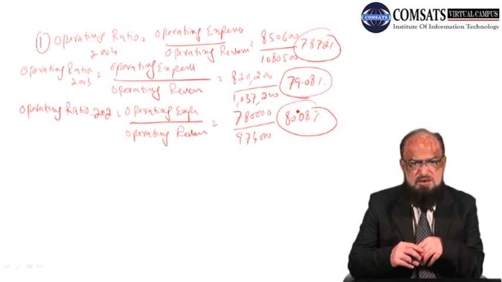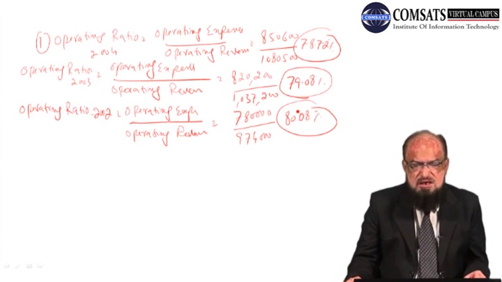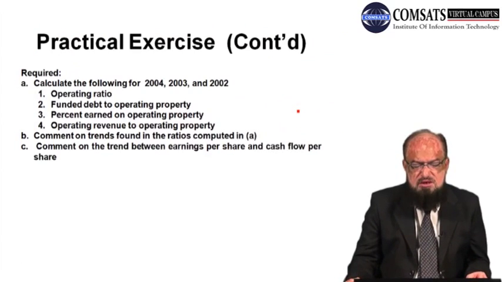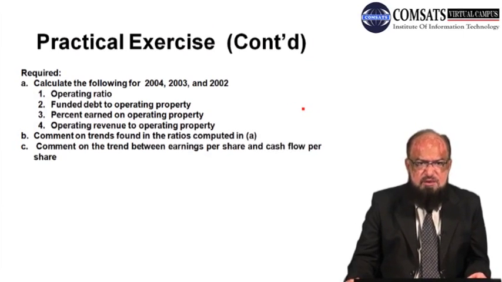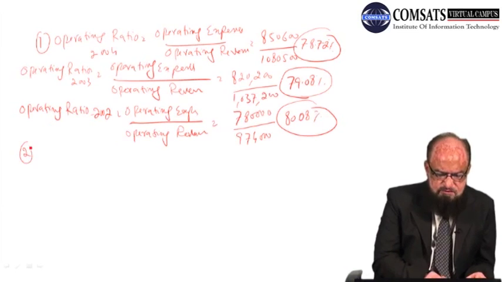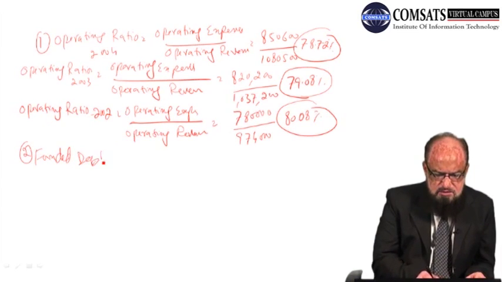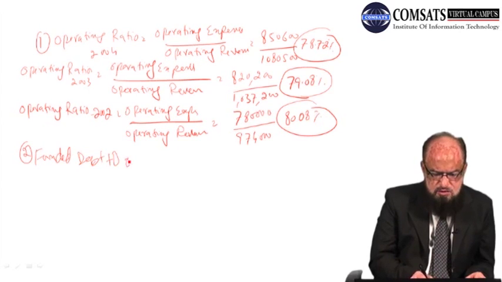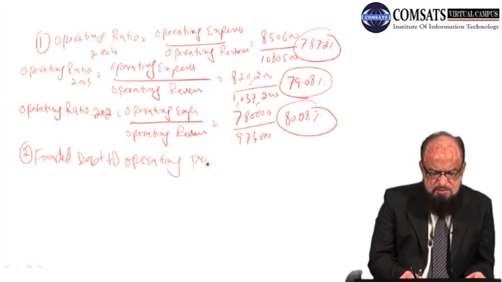Company needs to concentrate on the expenses to control them. Now we will calculate another ratio, that will be funded debt to operating property.